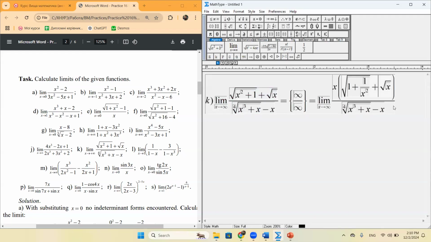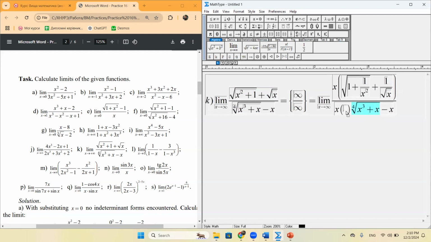And here I'm just moving this square root into the denominator. Okay, and now for this part, moving x out of brackets as well.